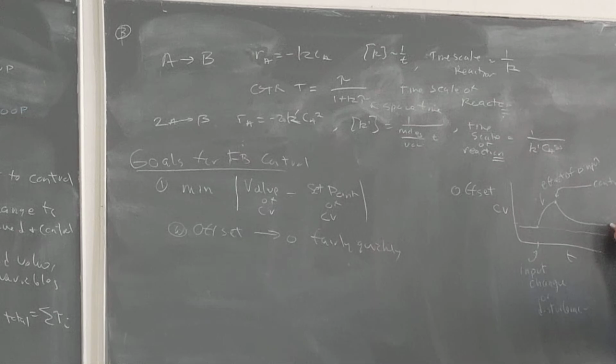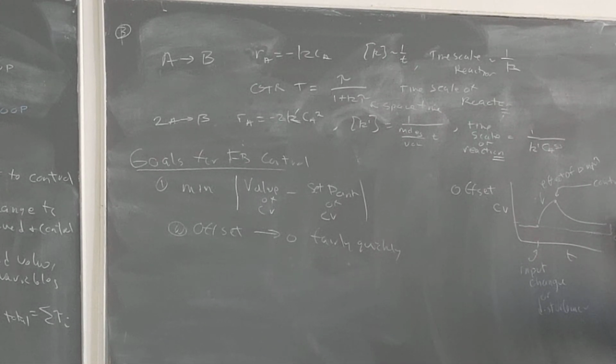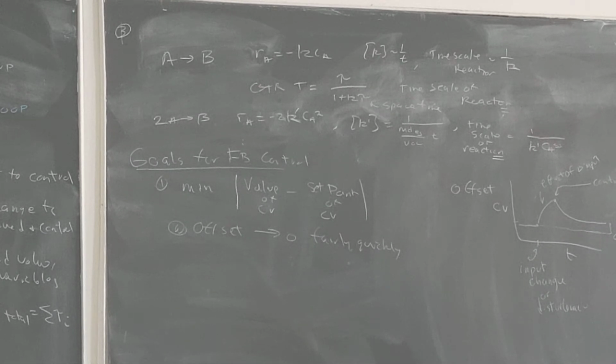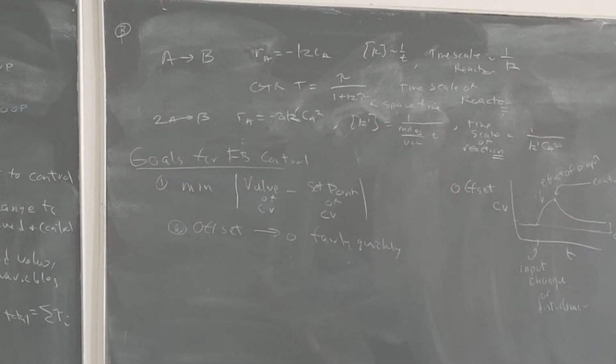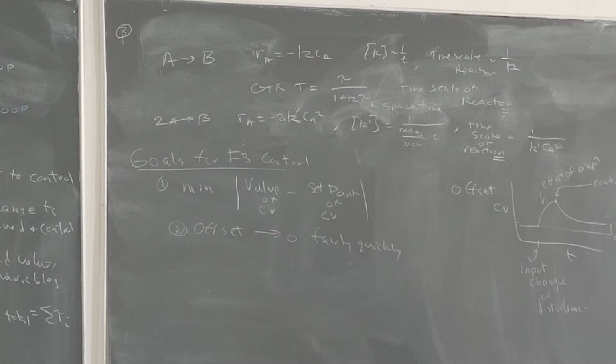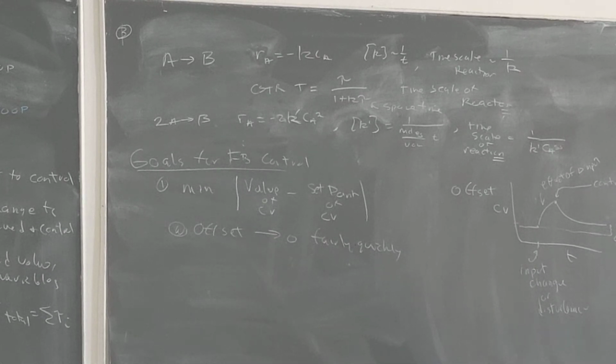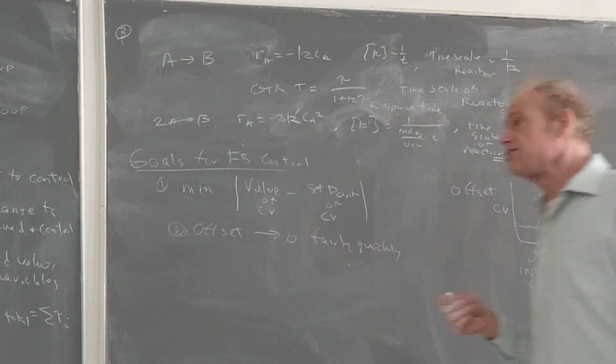There could be a difference here, and that difference is the offset. So we don't want to have an offset. Now you might say, duh, that's a no brainer. We'll see that sometimes controllers that we might think will do a good job actually leave an offset. So we want this offset to go to 0.